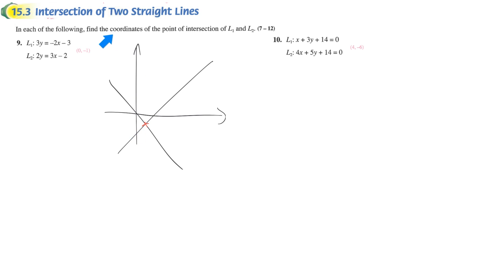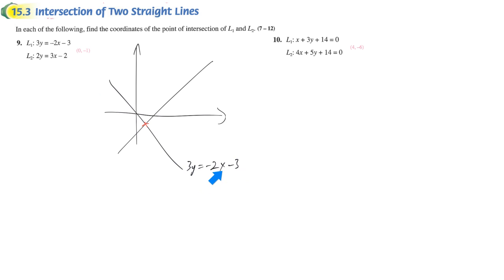And then when we are asked to find the coordinates of the intersection, what we have to do is consider the first line. They say that for the first line the equation is 3y equal to negative 2x minus 3, which means that all the points on this line will fulfill this requirement.